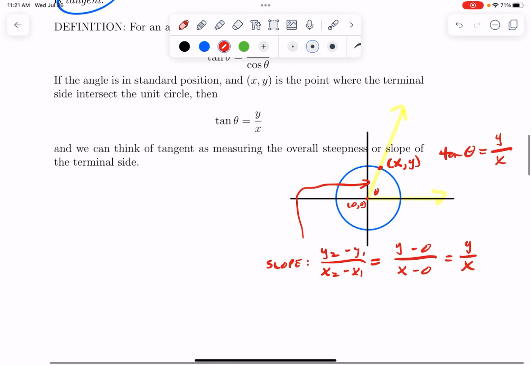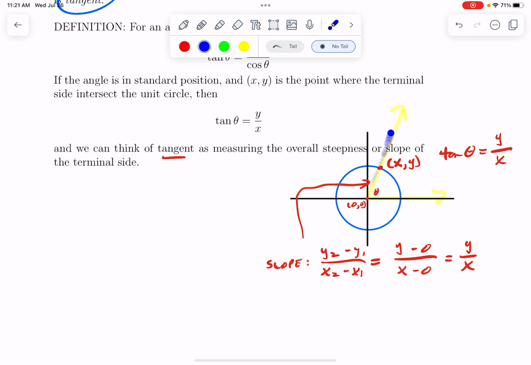So a really useful way of thinking of this is that tangent of an angle is measuring how steep that terminal side is. If it's very steep, it has a big tangent. If it goes downward, it's negative, but it could be big and negative. Right? So tangent is really a measure of steepness, not x and y in isolation, but how x and y are related to each other.